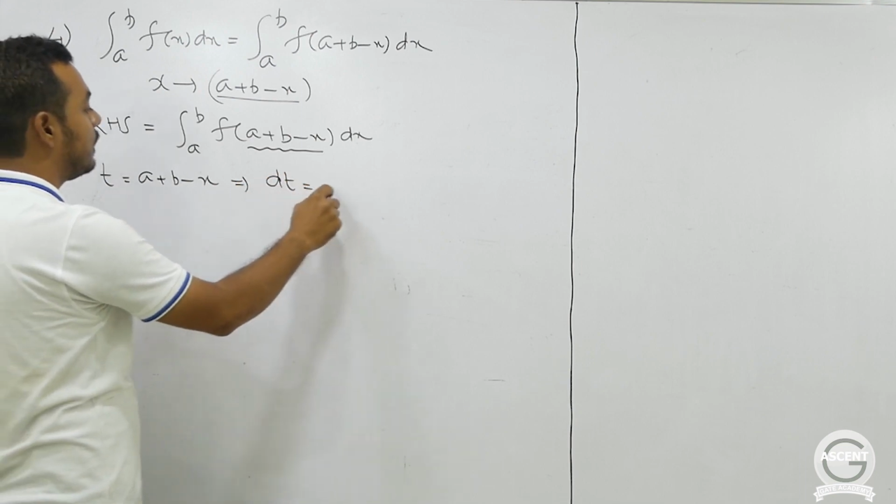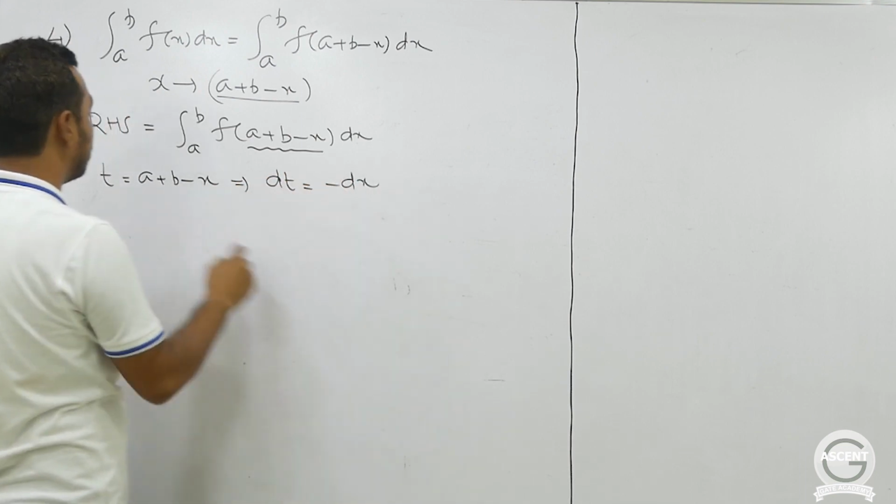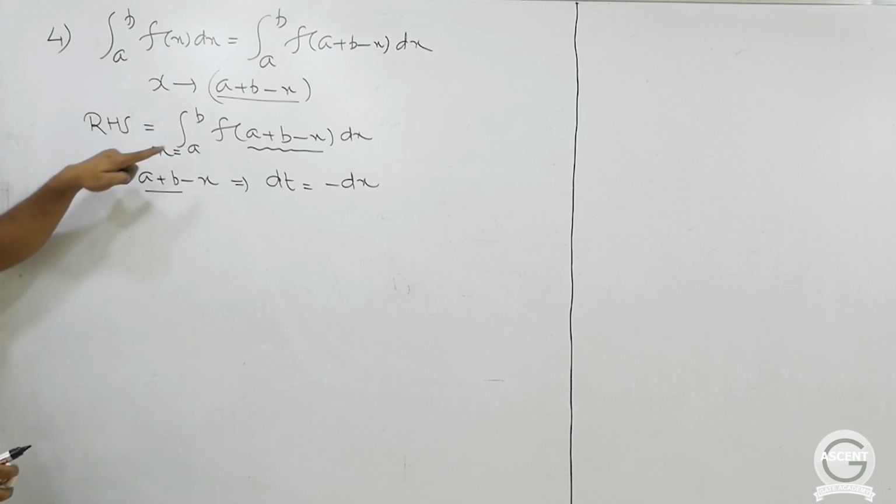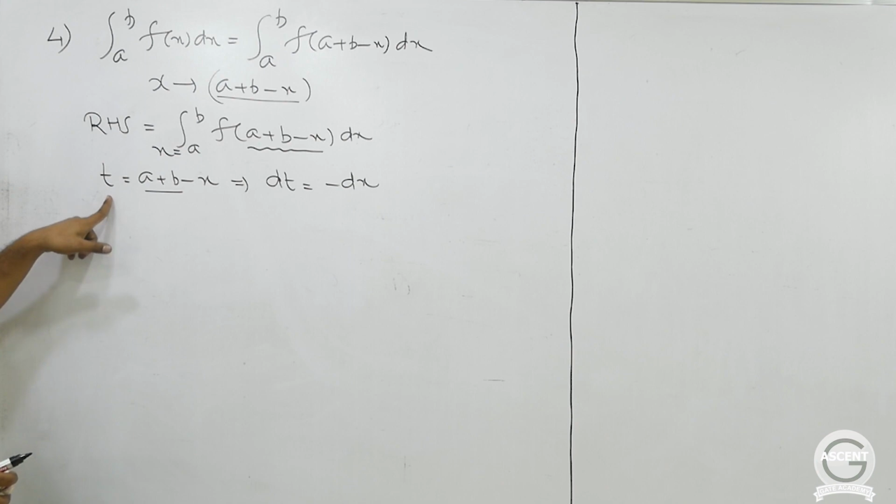So dt will be minus dx, because a and b are constants, their derivative will be 0. Also, when we change from one variable to another, we have to take care of the limits too. These are the values of x, from a to b. Now if we want to write this integral in terms of t, we also need to calculate the value of t when x is a and x is b.